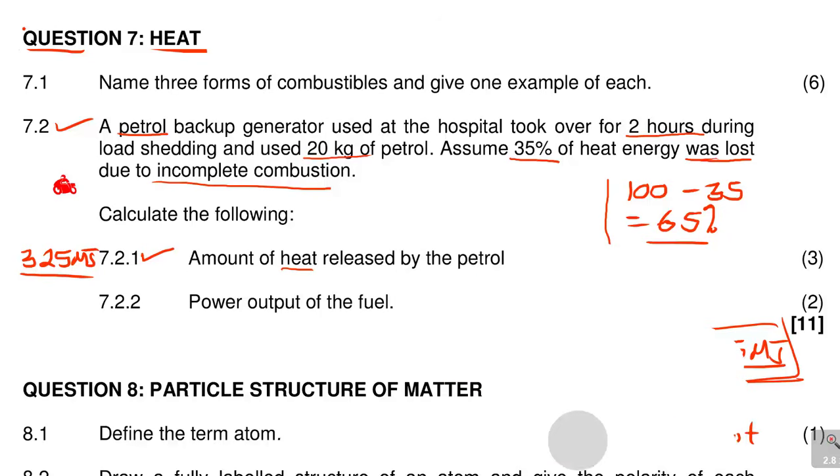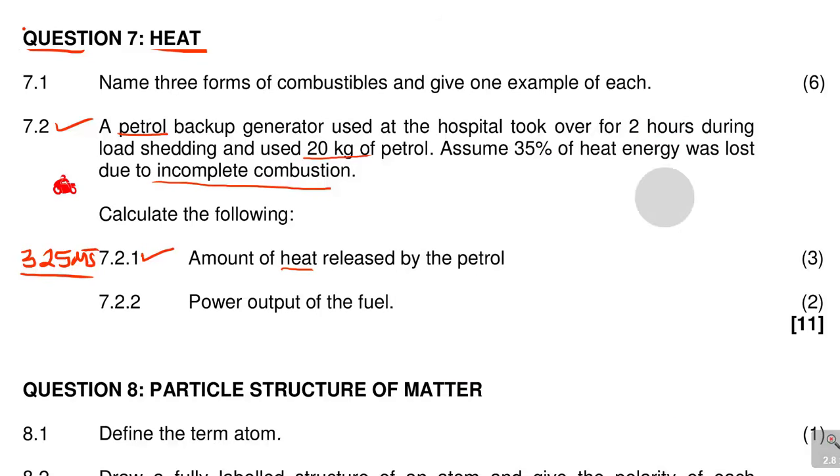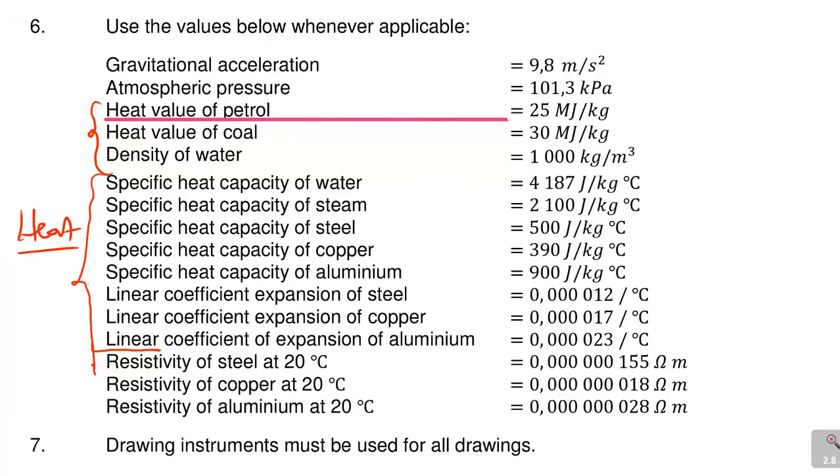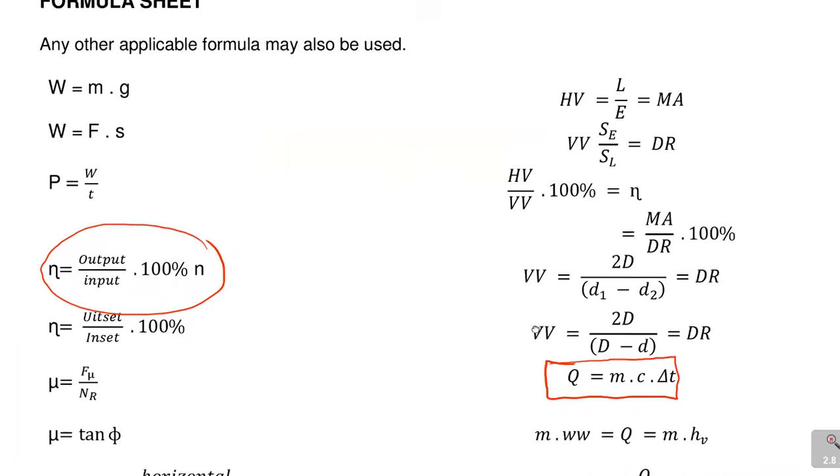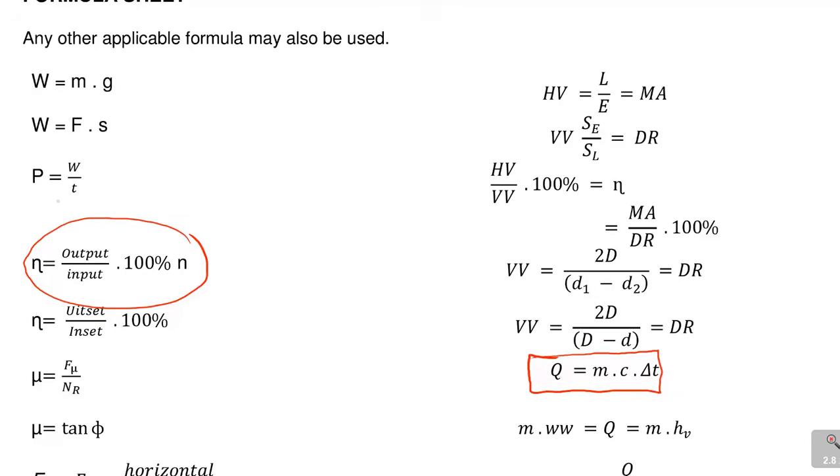Now the next question says the power output of the fuel. So if we want to find the power output of the fuel, to say how efficient this particular fuel or generator is, remember, when you're dealing with power, if I go to the formulas and look for the formula for power, you can see that power is work done over time taken.